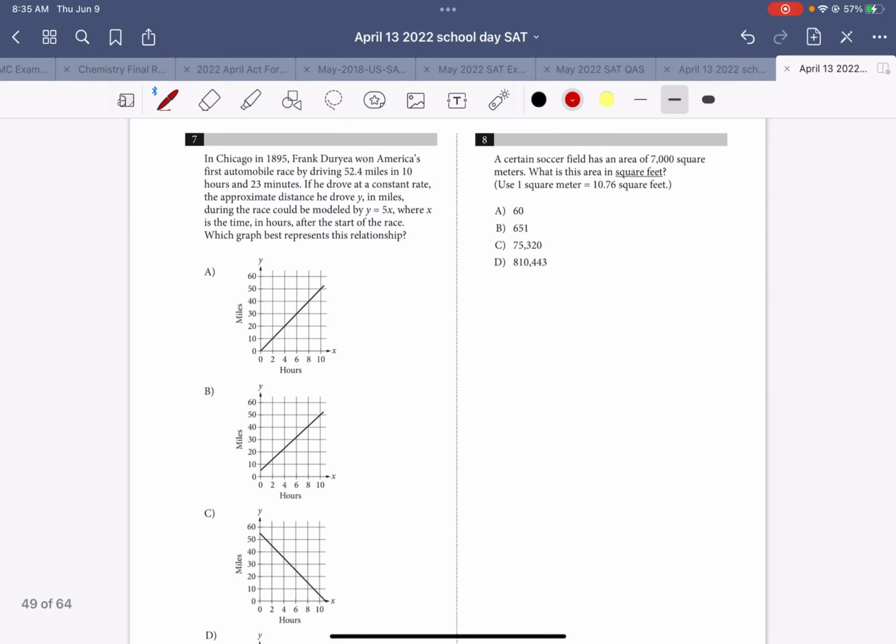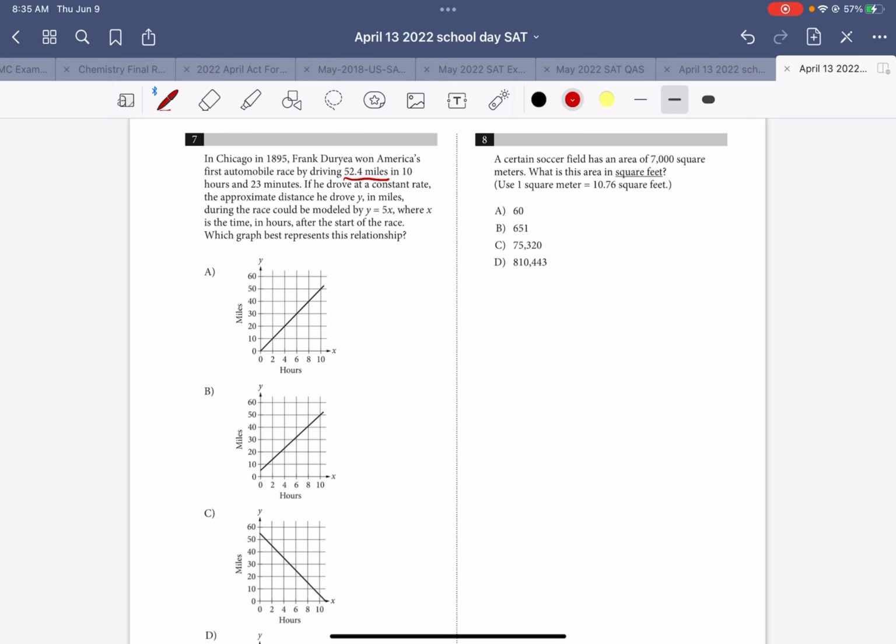Number 7. In Chicago, 1895, Frank Duryea won America's first automobile race by driving 52 miles in 10 hours, 23 minutes.